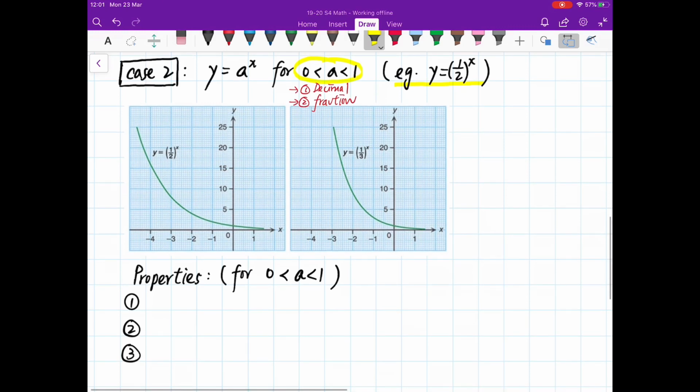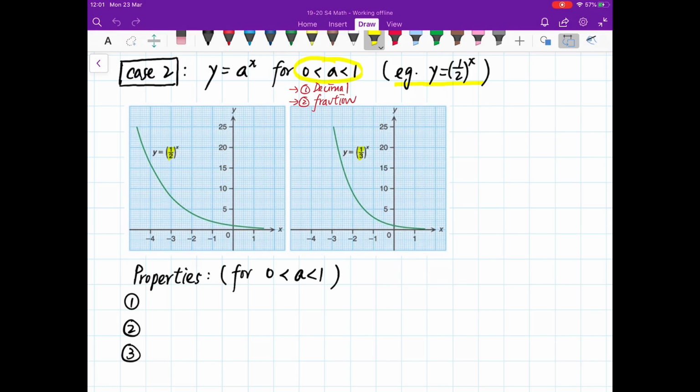In case 2, as you can see, the graph this time will change in the other direction. Then let's compare the numbers together, 1 over 2 and 1 over 3. Can you observe which graph is flatter this time? As you can see, the graph of y equals to 1 over 2 to the power x is flatter.